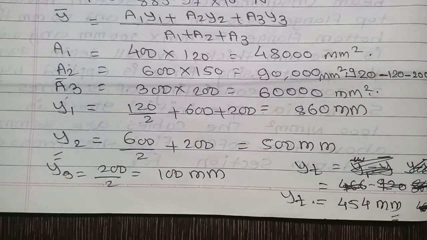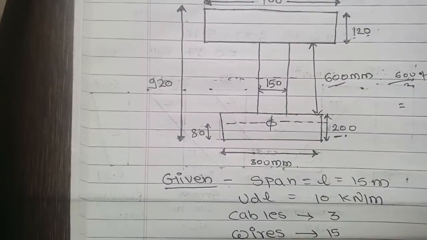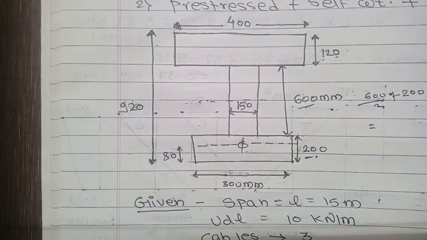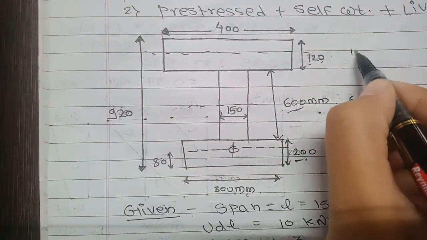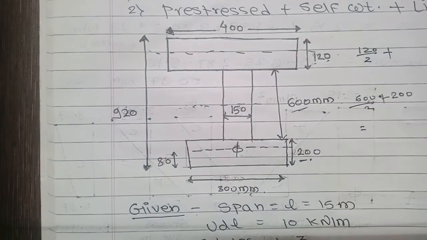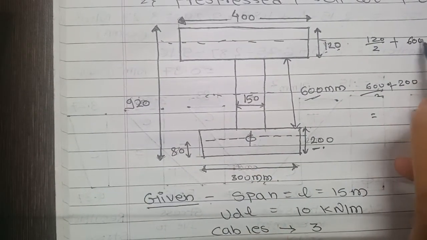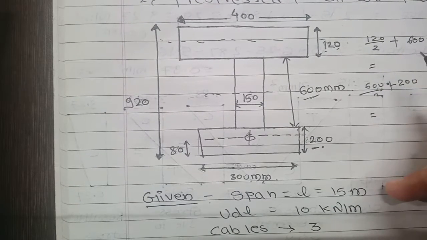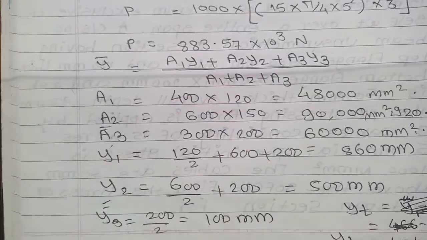Now calculate Y1. First, suppose the cable is passing through the top flange. In that case, 120 divided by 2 plus depth of the web, that is 600, plus depth of the bottom flange, that is 200 mm. We get Y1, that is 860 mm.